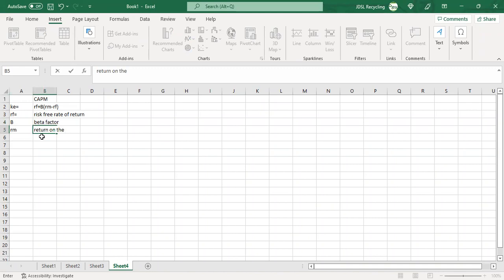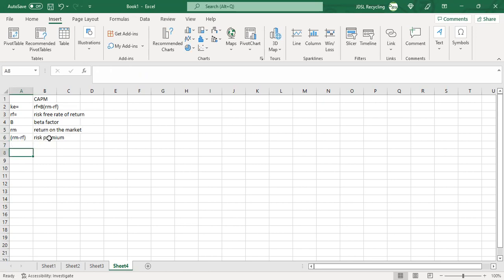You can just use normal B. It's just a symbol, so if you use normal B, there is no problem in using that. Okay. Return on the market. And lastly, we have RM minus RF. So this represents the risk premium.